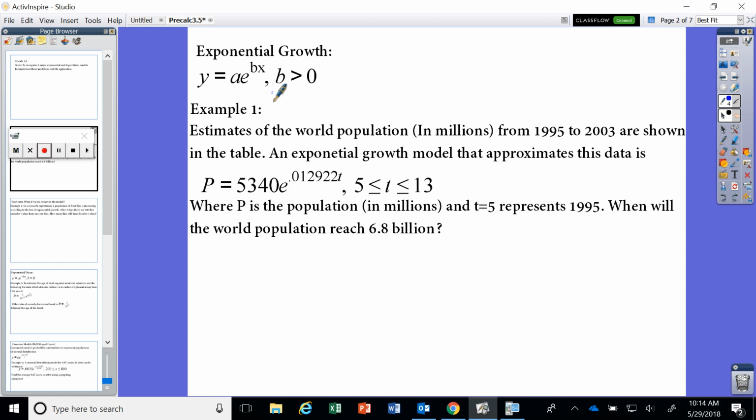All right, so let's take a look at an example of how we can utilize the exponential growth model here.